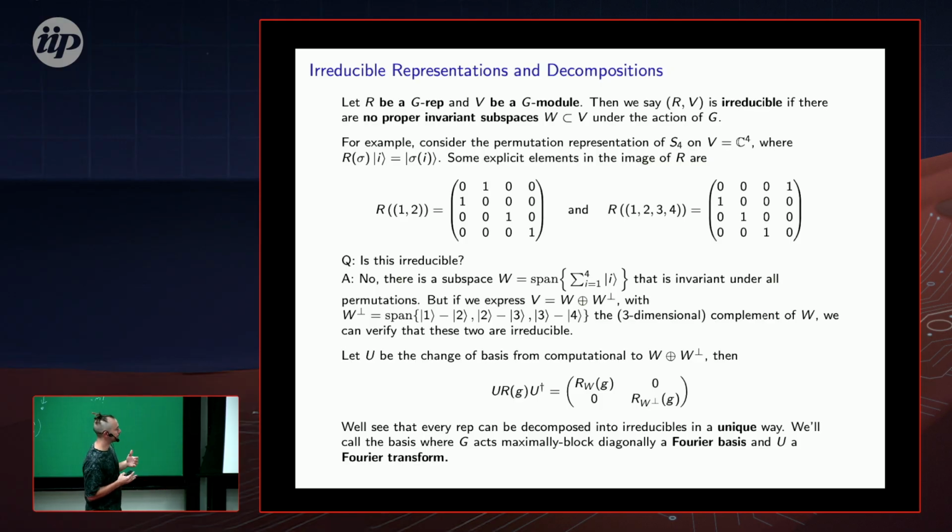And as I was claiming before, every representation can always be decomposed in this way into blocks that are irreducible, in a unique way, in the sense that the multiplicities of each irreducible are unique. Of course, you have freedom in choosing bases within the blocks, but this is not the point.